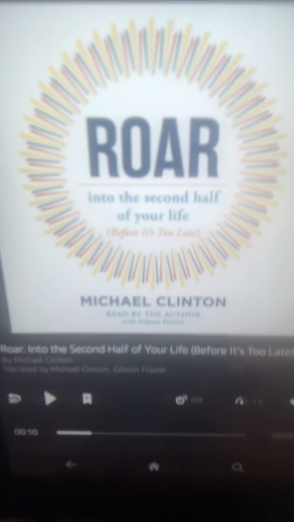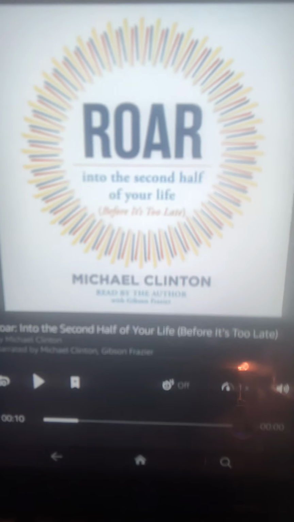read this book. My mom likes to get me to read self-help books. When I was a kid, she was always sending me to child psychiatrists and stuff for no reason, just because she's crazy. And now she wants me to read this book called Roar into the Second Half of Your Life Before It's Too Late by Michael Clinton.